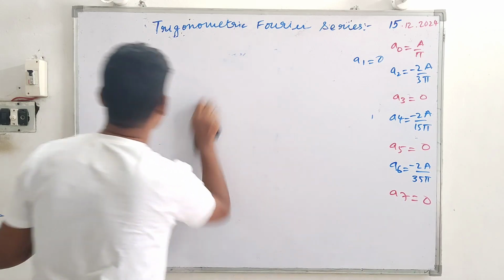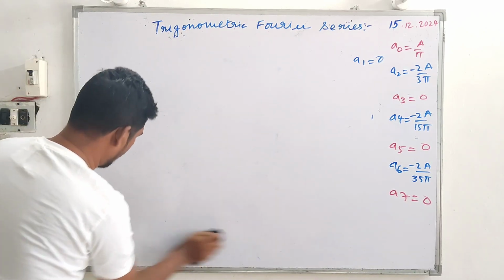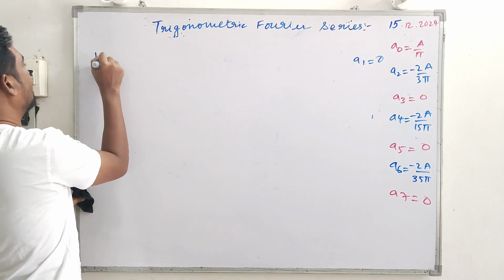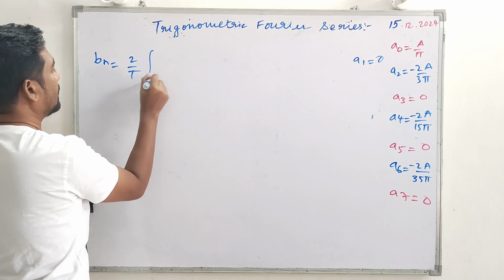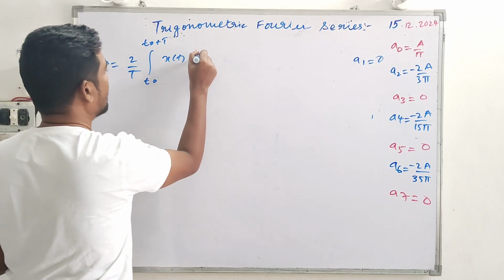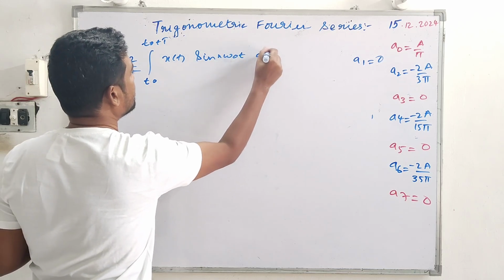Now, the expression for Bn, which is to be plugged into the series. The general expression for Bn is, what do we have? Bn is given as 2 by T again, integral T naught to T naught plus T, X of t multiplied, this time, with sine n omega naught t dt.